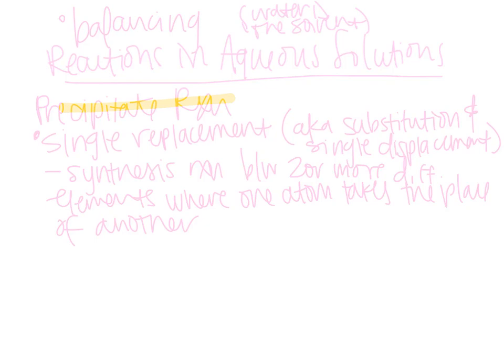This is the general form for this. Instead of using actual elements, we'll just use A and B. So if we have A plus elements B and C, if just one of these is being replaced, we'll have AC plus B. Okay, because this A replaced this single B right here.